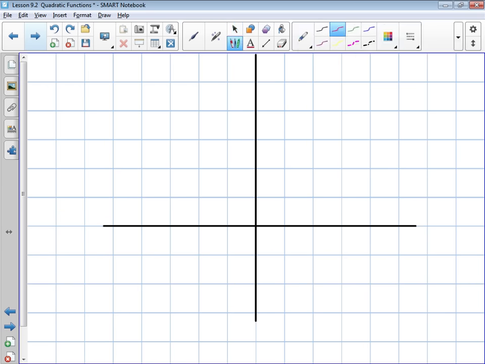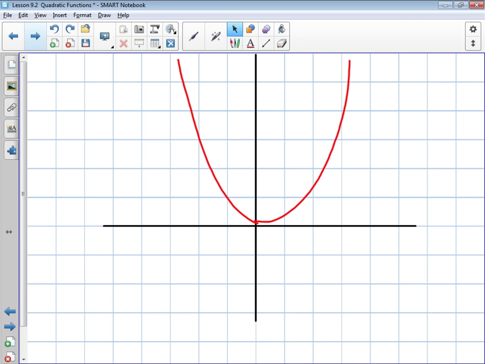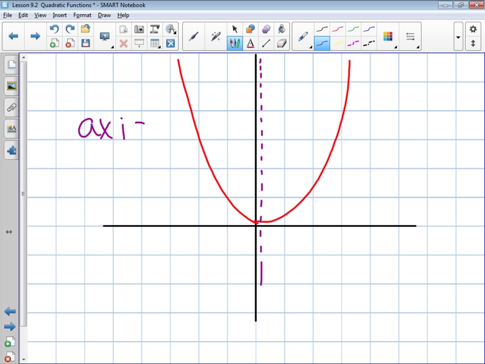Again, this is review, but remember we graphed some parabolas, and they're curves. And the thing that you're supposed to remember about a parabola is that it's symmetrical, and it has a line of symmetry, or what we refer to as the axis of symmetry.